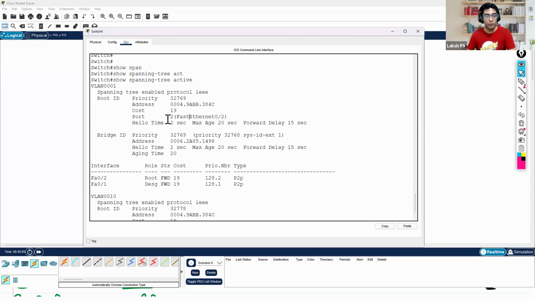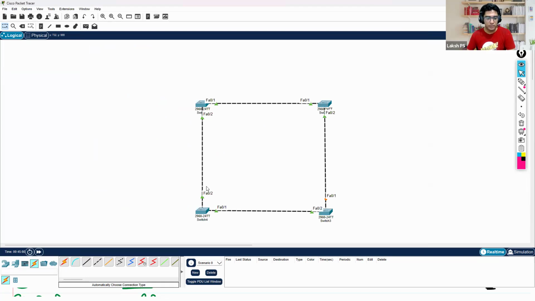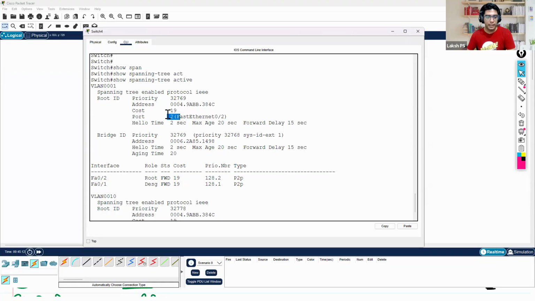And via which interface can it reach? FastEthernet 0/2. So it can reach the root switch via this interface.